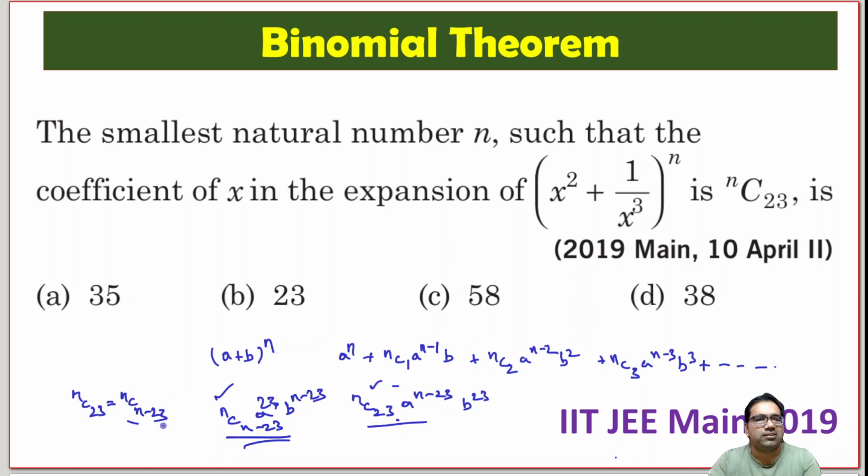So let us find both n's and see which one is minimum, with the power of x equal to 1 in both cases, because the coefficient of x means the power of x is 1.